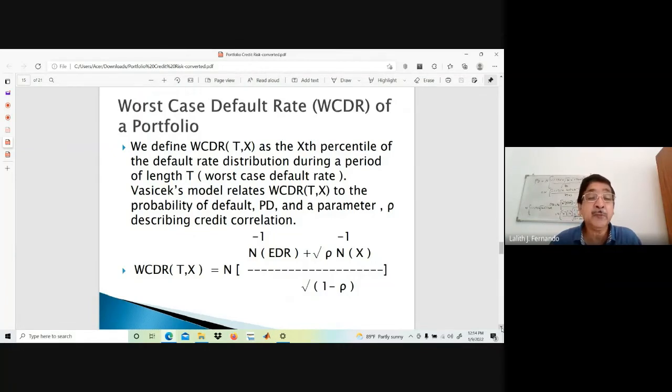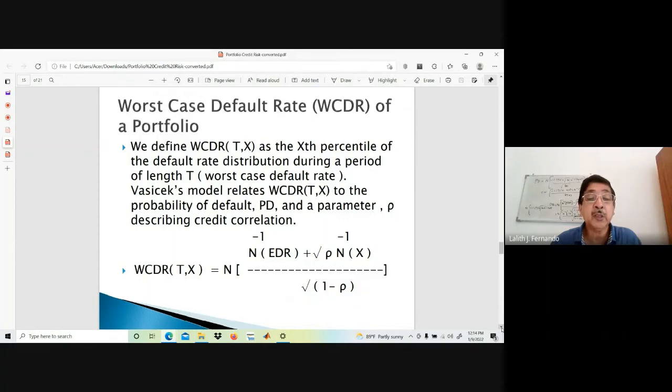X percentile of the default rate distribution during a period of length T, worst case default rate. The Vasicek model relates WCDR(T, X) to the probability of default PD and a parameter rho describing credit correlation. Now, this X is what we call the confidence level.